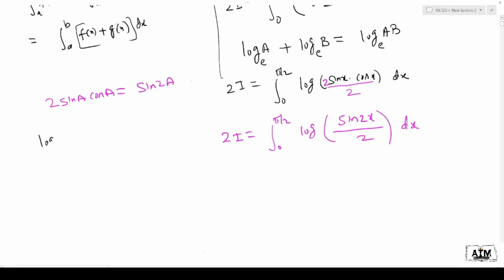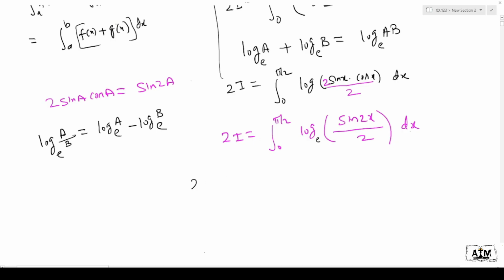Now applying another property of logarithm, that is log of a upon b to the base e equals log a to the base e minus log b to the base e. When no base is given, the base e is assumed. When base e is present, we don't write it, we just write logarithm.